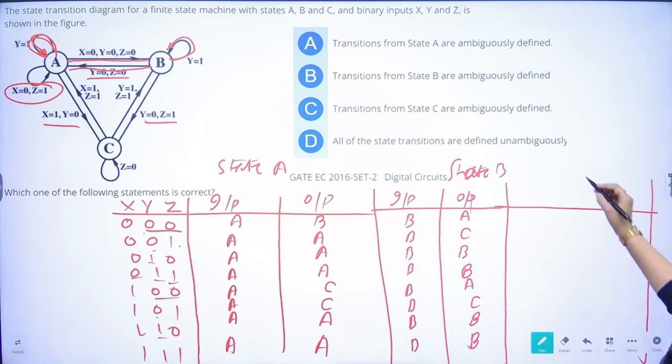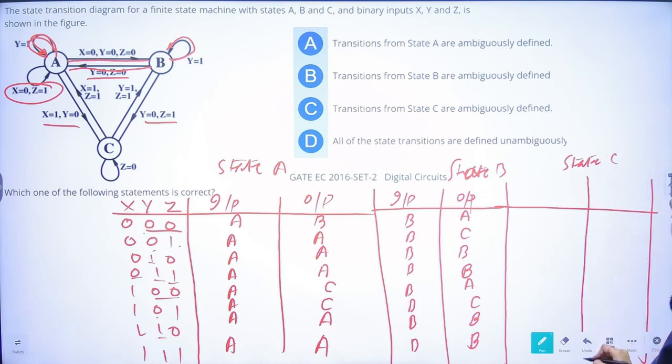Let's see C finally. State C. For state C, the input will be C. We have to just check the output, right?